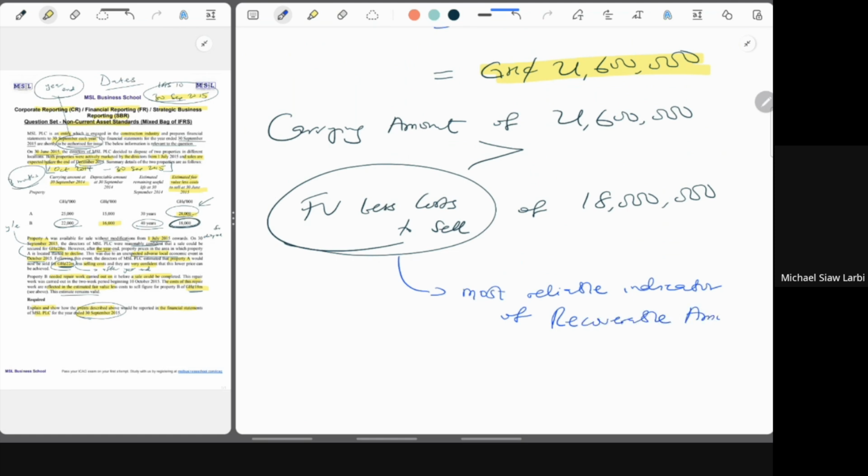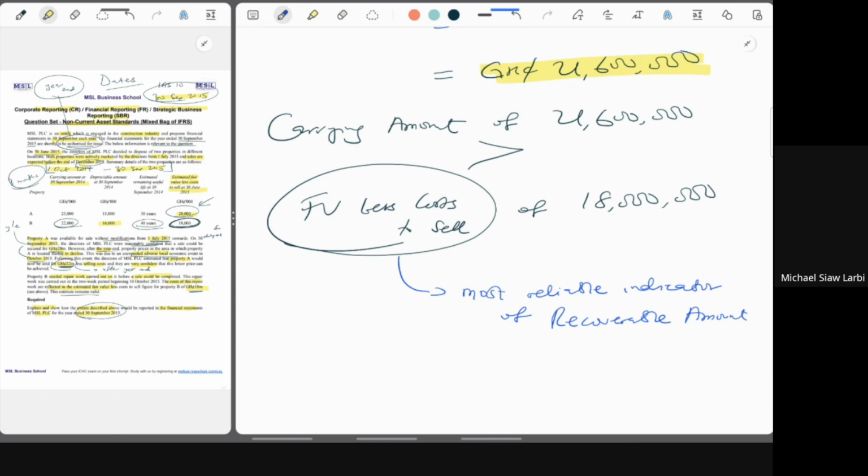Recoverable amount. So property B appears to be impaired, right? Although we cannot classify it as held for sale, the intention is to sell it eventually after repair works. So the fair value less cost to sell is actually the more reliable estimate of the recoverable amount.